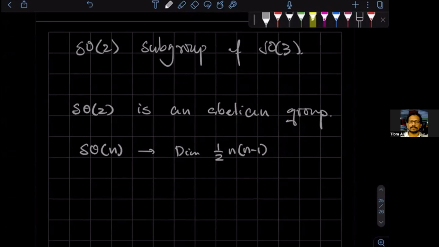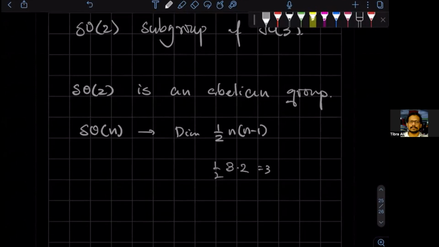For SO3, we get 3 times 2 times half, which is 3. For n equals 2, we get 1. So we'll derive these formulas, okay?